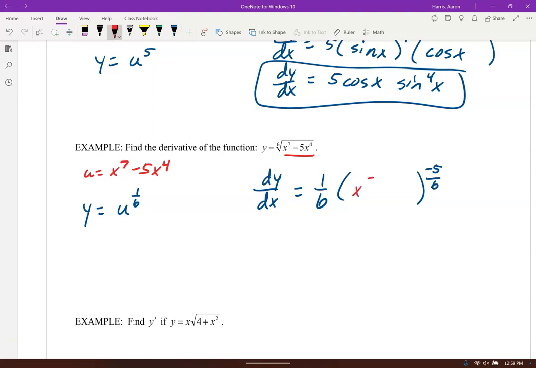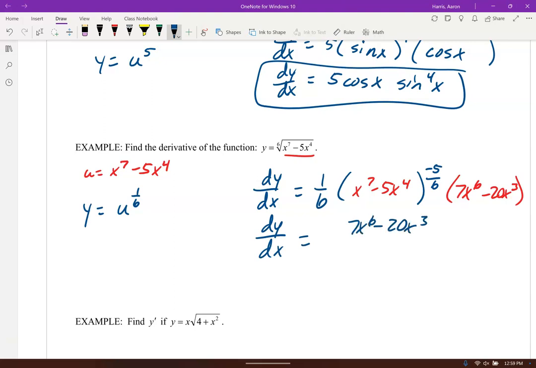And I'm going to go ahead and put my u in. And then the derivative of u, well, that'd be 7x to the 6th minus 20x to the 3rd. And so dy dx ends up being 7x to the 6th minus 20x to the 3rd over 6 times that x to the 7th minus 5x to the 4th all to the 5/6.